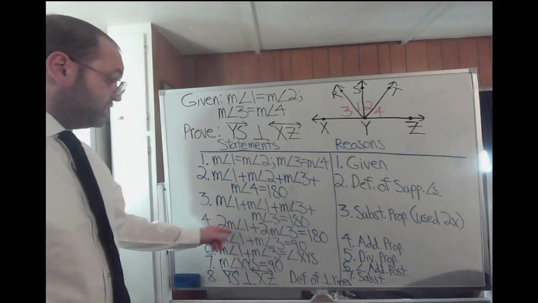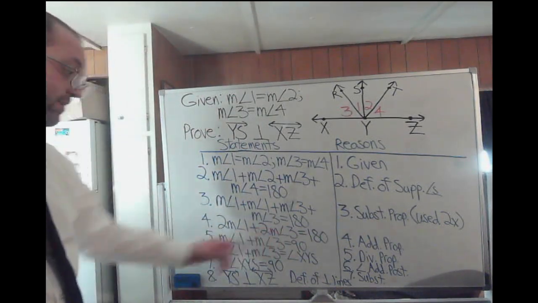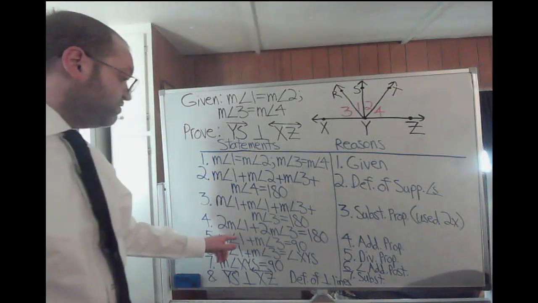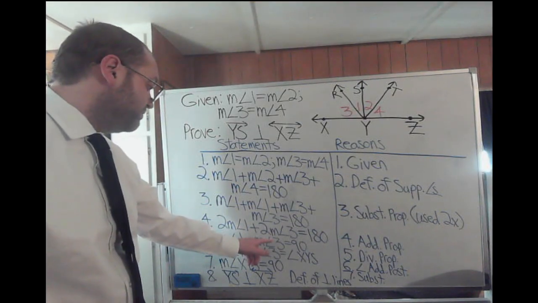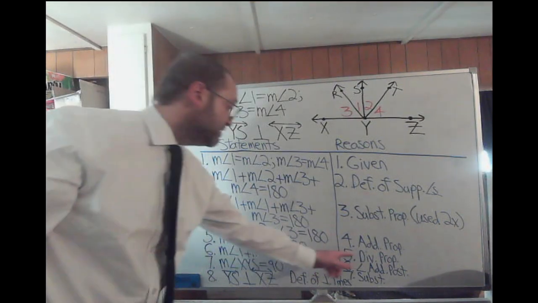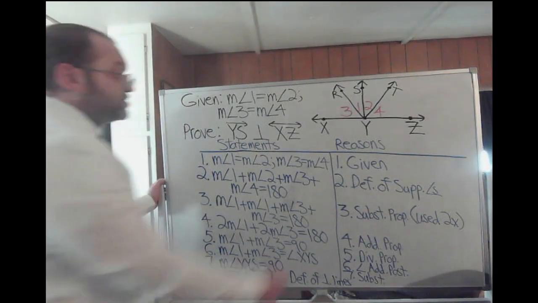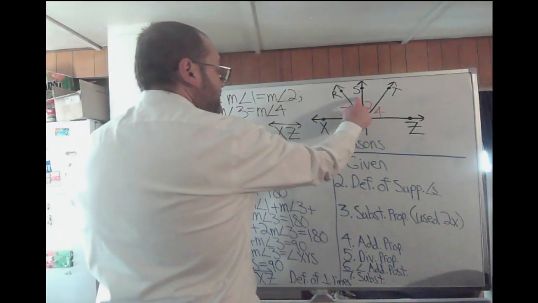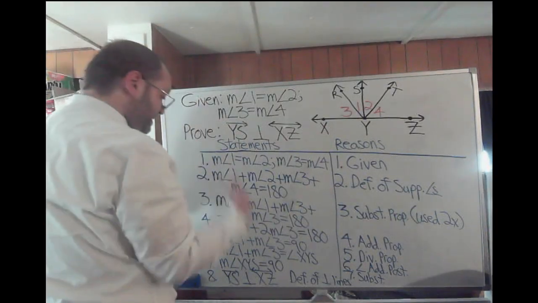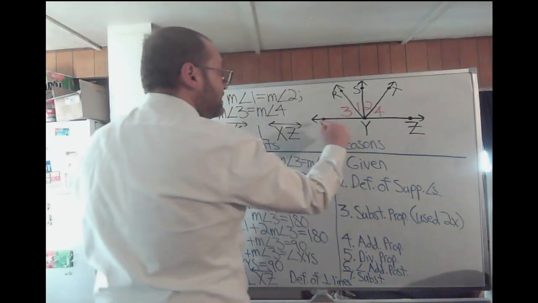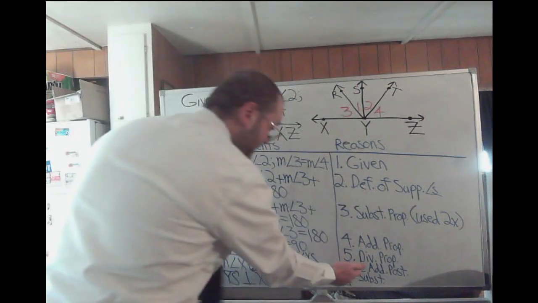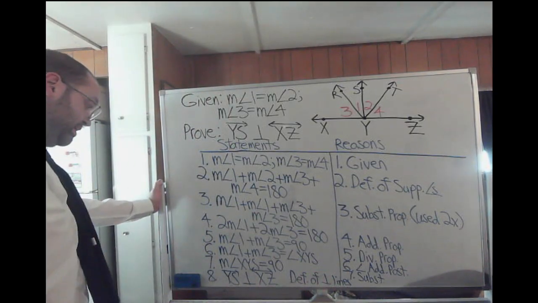Which then we determine both sides of the equation have a common factor of 2, so the measure of angle 1 plus the measure of angle 3 is equal to 90. That's by the division property. And then we also could see from the diagram the measure of angle 1 plus the measure of angle 3 is equal to the measure of angle XYS. So that's by the angle addition postulate.